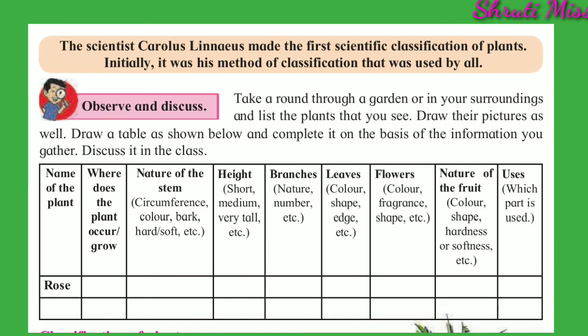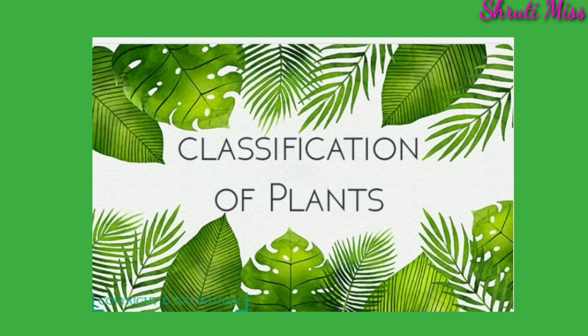For flowers there are differences by color, fragrance and shape. For the fruit, note color, shape, hardness or softness, and the uses, which part is used. So collect the information of plants and give all these details.